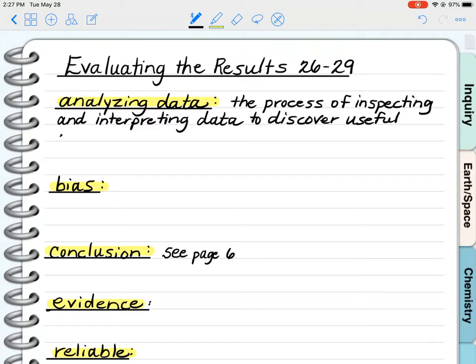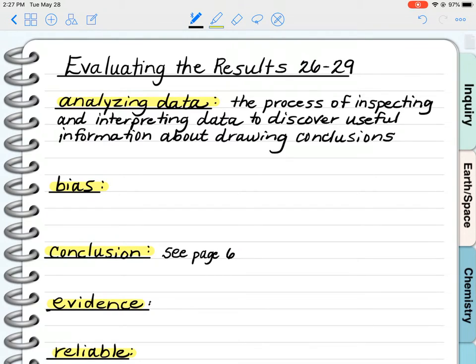About drawing conclusions. And this is a long definition. I'm sorry. Okay. So basically, it just means studying your data and figuring out what it says. If you go to all the trouble to collect this data, you have to be able to read it and understand what it's saying to you.